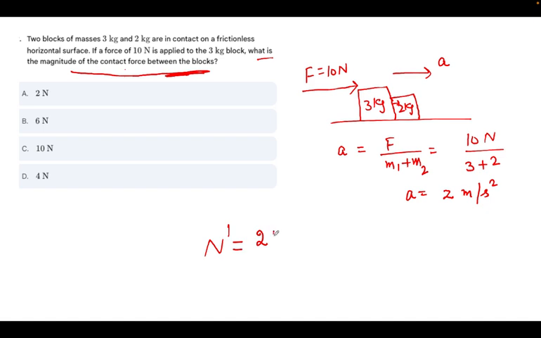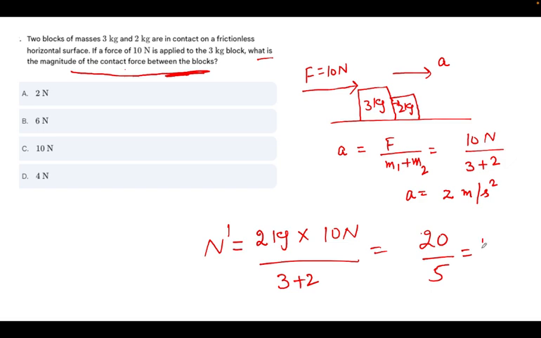Here m2 is 2 kg multiplied by the force of 10 Newton over m1 plus m2, which is 3 plus 2. That is 2 into 10, which is 20 over 5, so it comes out to be 4 Newton. So the force acting between these two blocks is 4 Newton. This is how you can solve such problems.